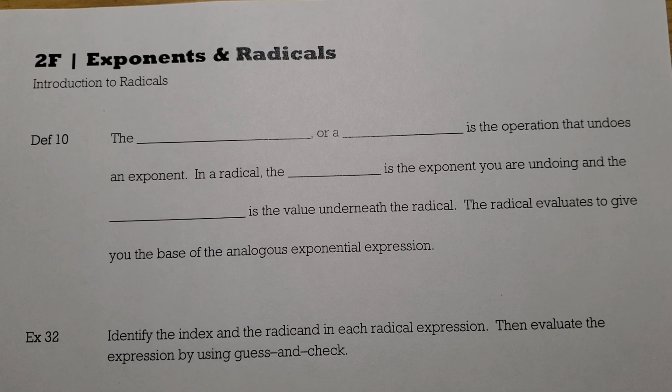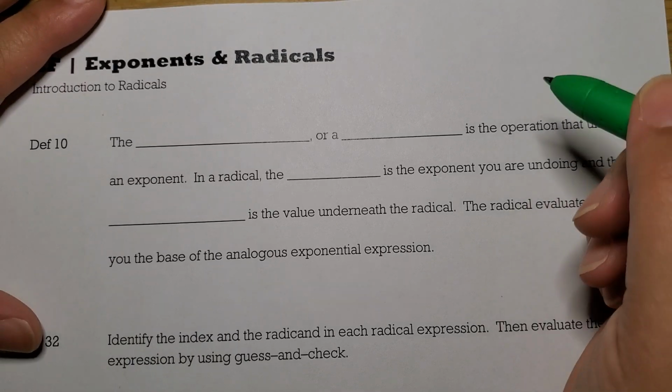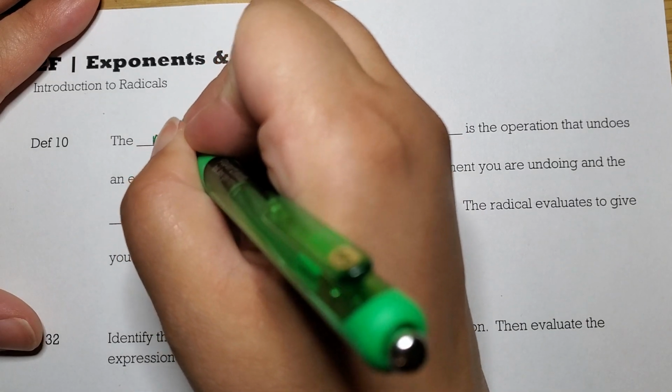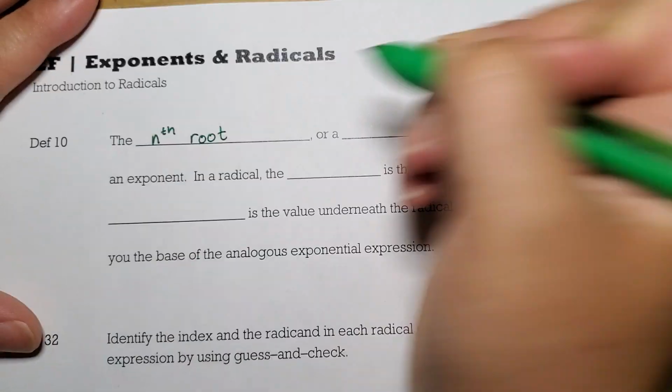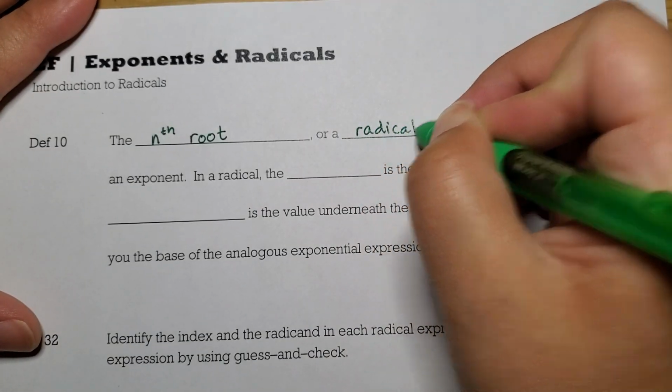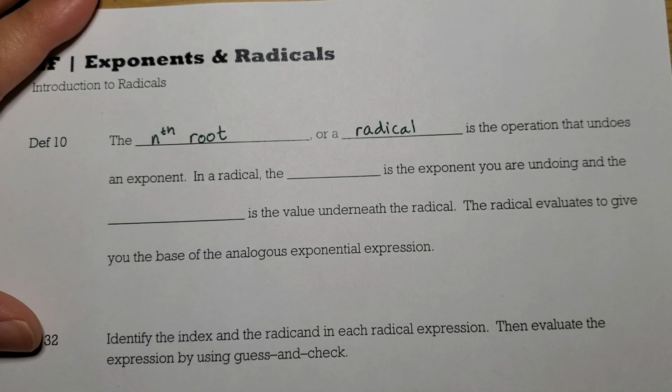So let's define what it means for a radical. The nth root, or a radical, is the operation that undoes an exponent.